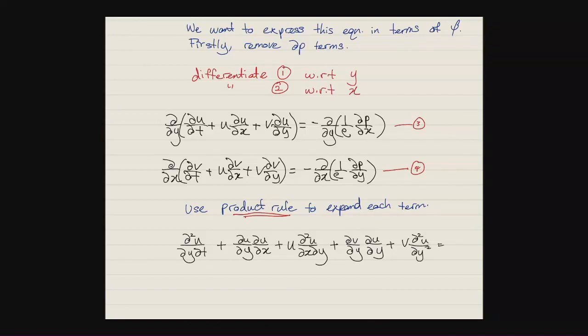And that's going to be equal to negative 1 over rho del squared p over del y del x. I'm just going to clean this up a little bit.